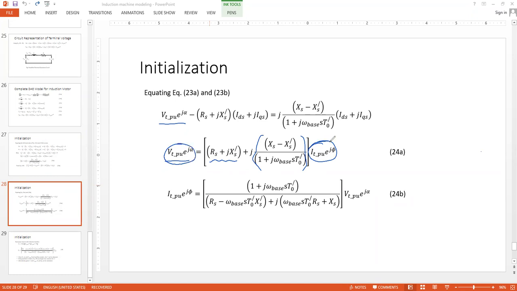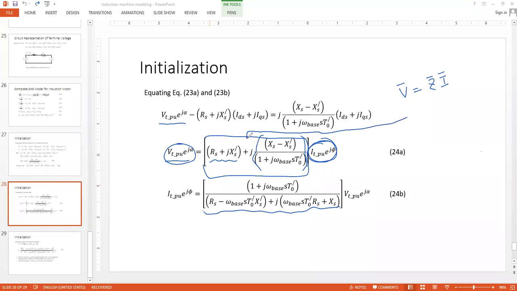This is the current phasor. In between, you have some expressions. So in a sense, we can say that this is V equals some Z multiplied by some I. All are phasors. So that means this thing over here is nothing but some sort of impedance. We can call it some sort of impedance representation.